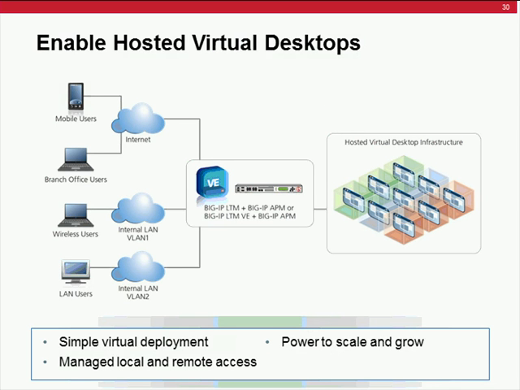So even these VDI deployments can become a lot easier to manage, a lot better for the end user experience, and then going back to all that reporting, you get insight as to what the users are accessing, how well the system is performing, and the infrastructure, and all those other metrics needed to make those intelligent decisions for continued growth and availability.